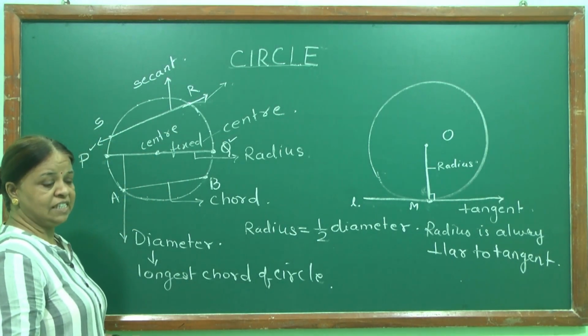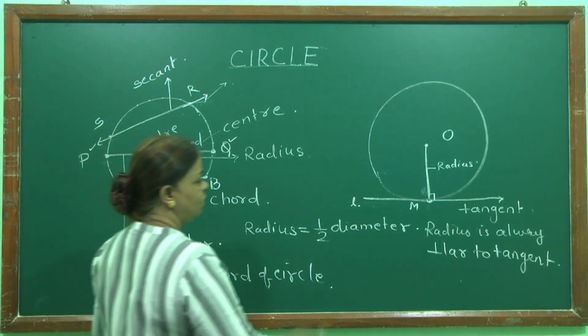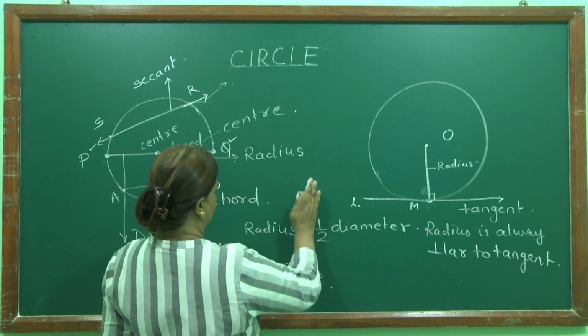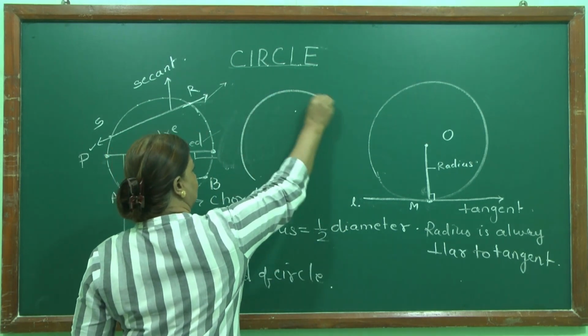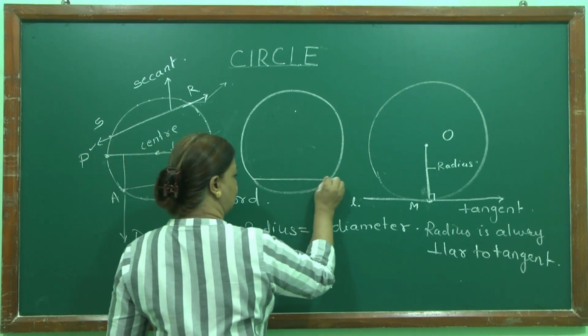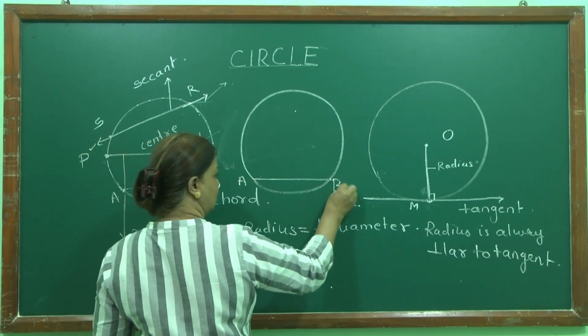Now we have also learned in 9th standard, that if a chord, let me draw a circle here. Suppose this is the chord and let me label it as AB.